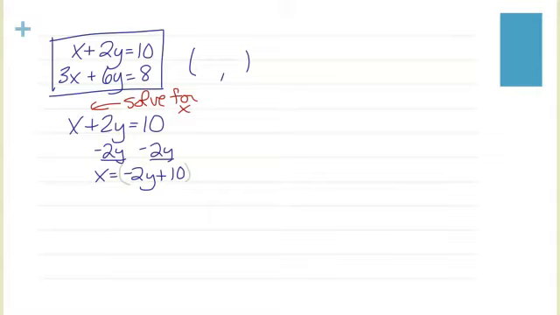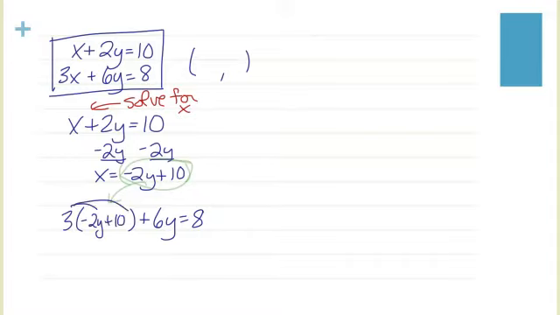And so when I write my other equation, 3 times something plus 6y equals 8, this is the something that goes down into there, negative 2y plus 10. I'm going to distribute, those same steps each time: negative 6y plus 30 plus 6y equals 8.